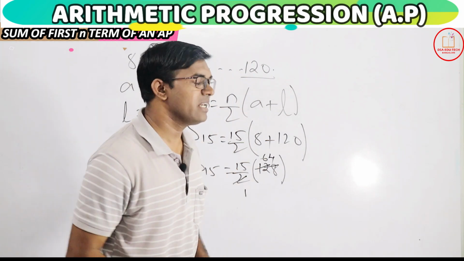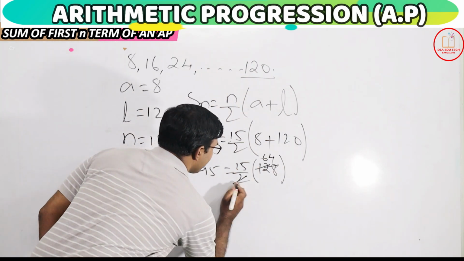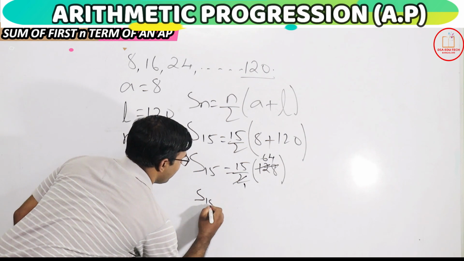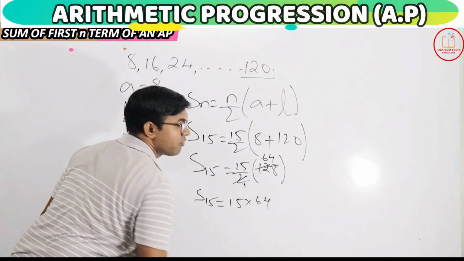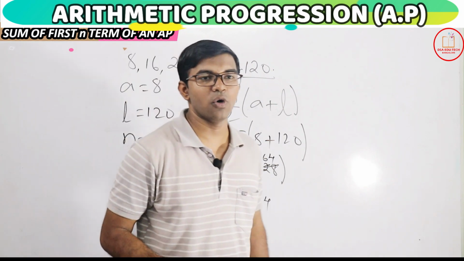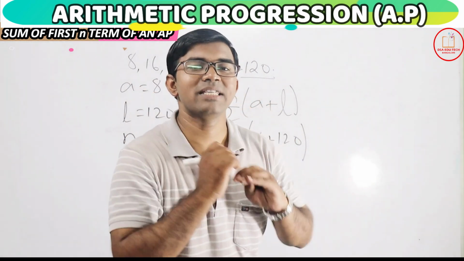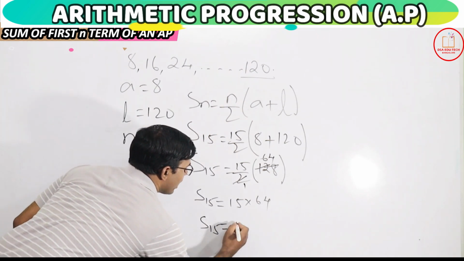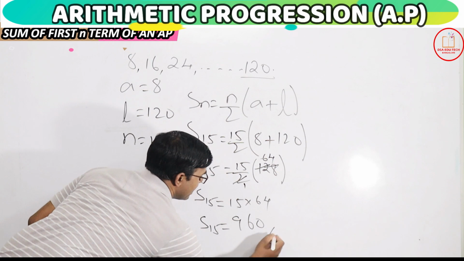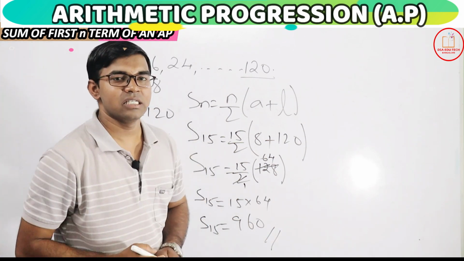Cool enough, right? So next we can write S15 is equal to 15 into 64. When you multiply that, you are going to get S15 is equal to 960.